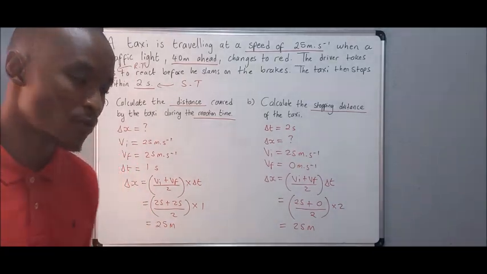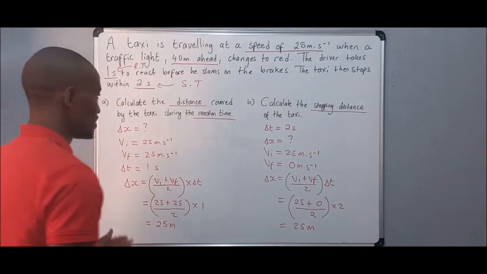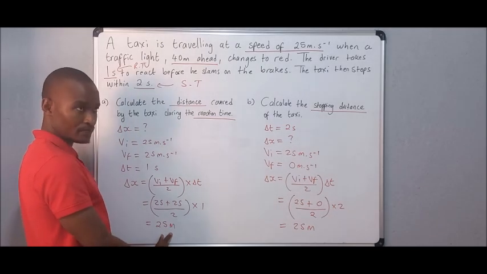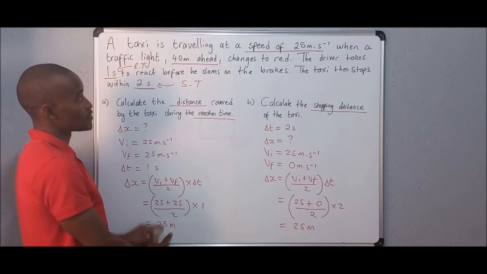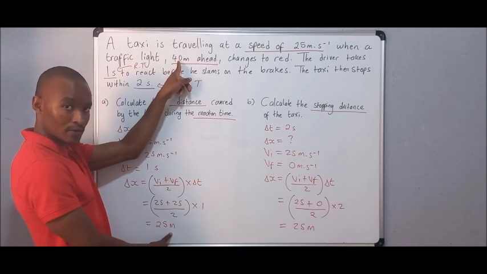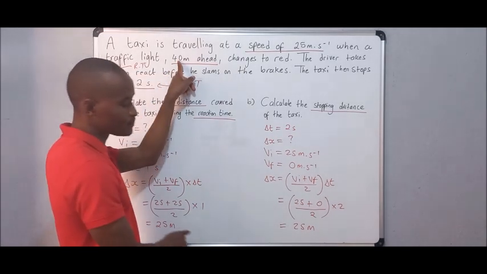Now let us inquire. What does this answer mean? It takes 25 meters for the driver to react. So if we take away 25 here, he's left with what? 15, good.